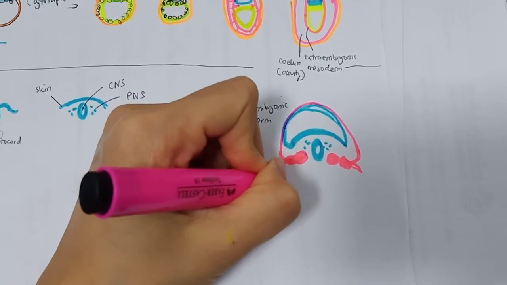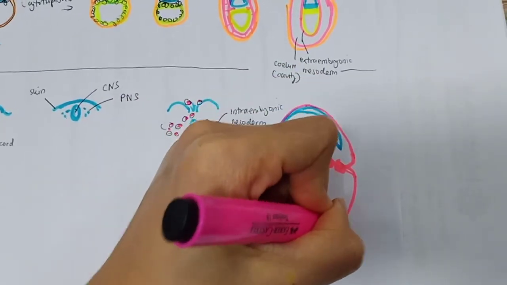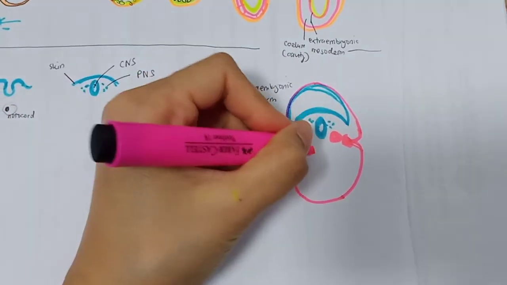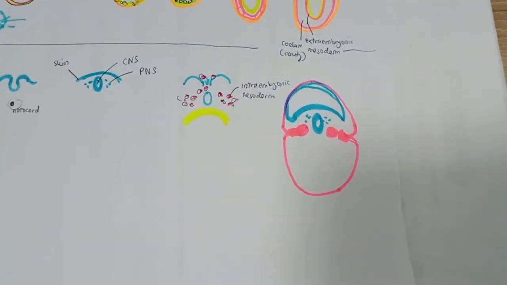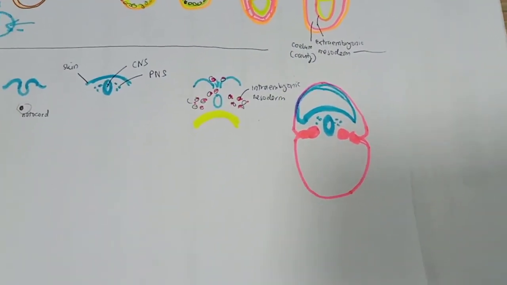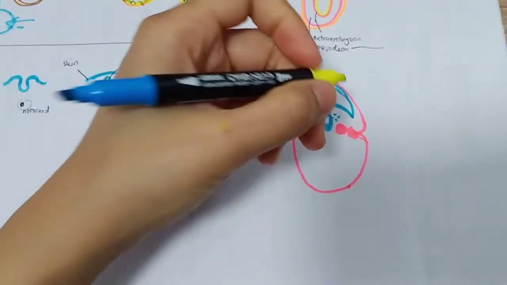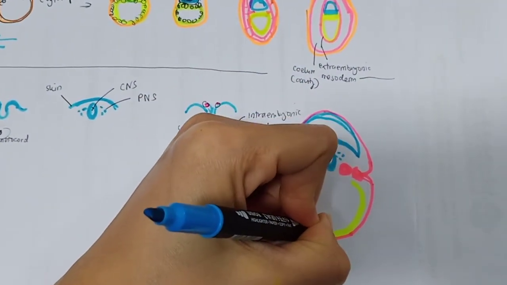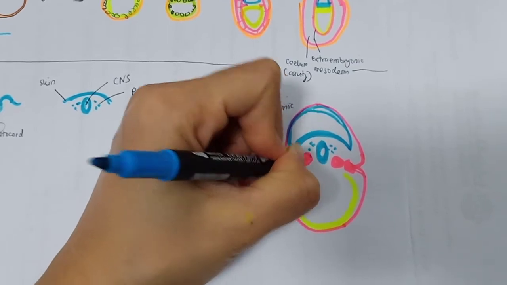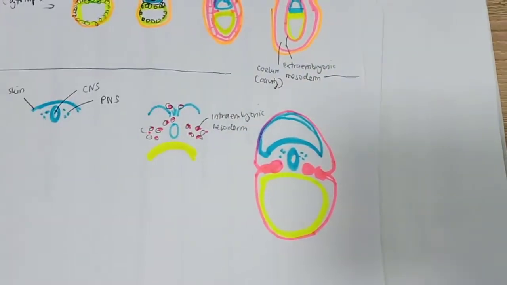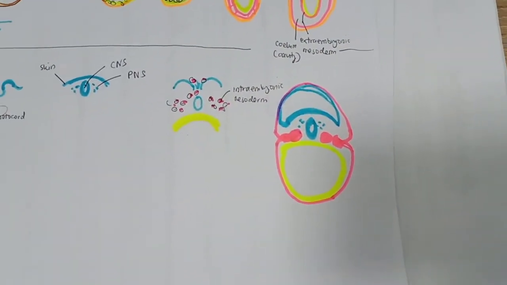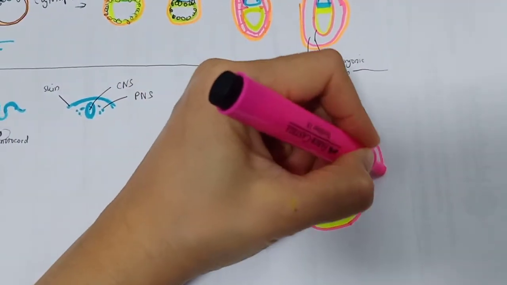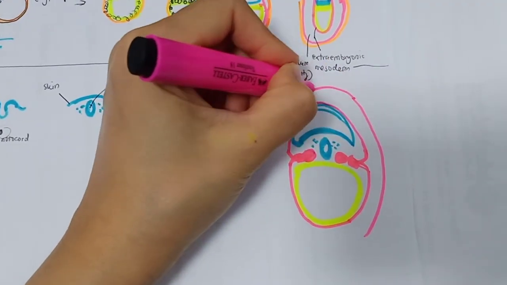And this will become the splanchnic mesoderm. So down here we have the ectoderm outlining. And we have a cavity here, the extraembryonic cavity.